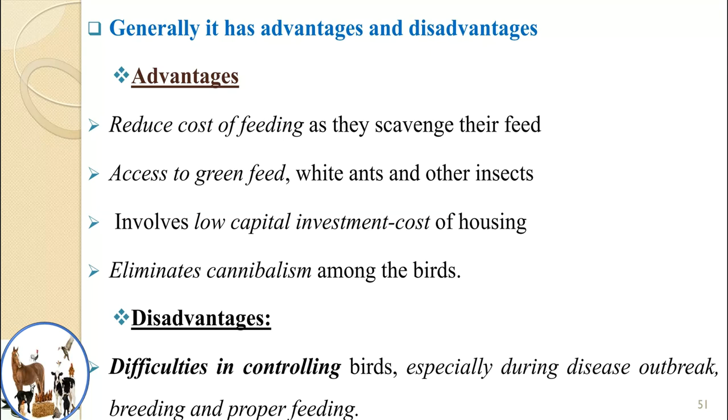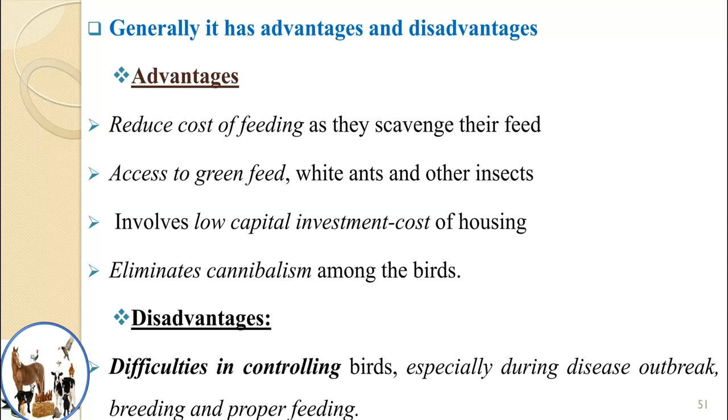This involves low capital investment and low cost of housing, and eliminates cannibalism among the birds. If the birds are caged together, then they may have cannibalism or a pecking habit. Cannibalism means eating its own species.